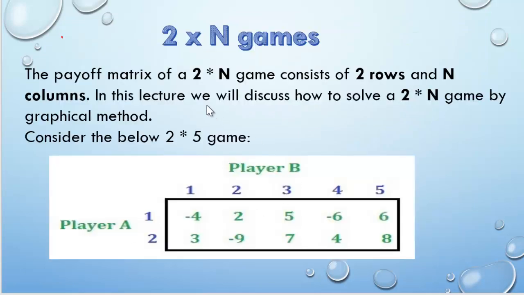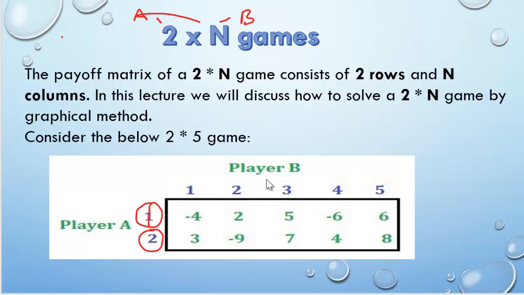So a 2 into n game is that 2 is for player A and n is for player B. That means player A has two choices to make, he can go for strategy 1 or 2, but player B has 5 strategies. So player A can go for only 2 strategies and player B has many strategies.